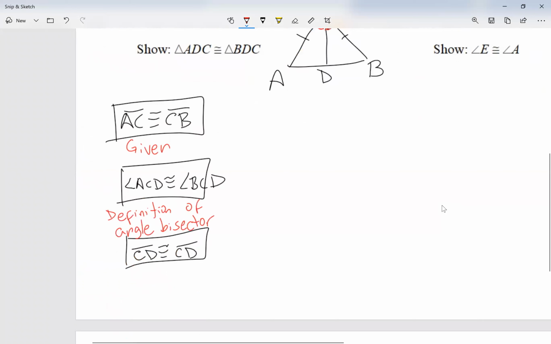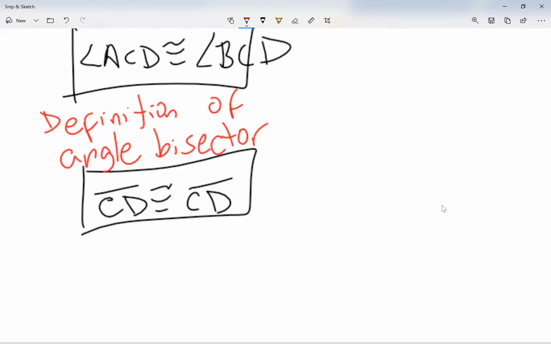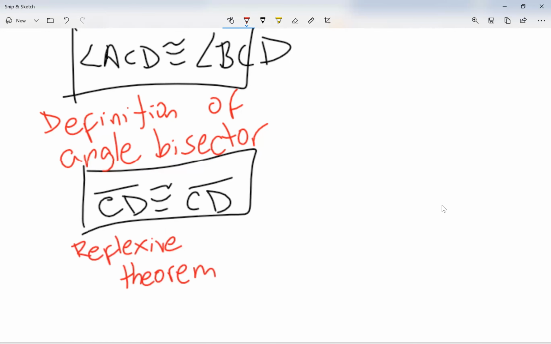Now, my last statement here, CD is congruent to CD. Right? People can say, well, it's the same. CD is CD, the same side. Well, we don't call it the same side. We call this reflexive theorem. Theorem is the word that we use in geometry for rule.